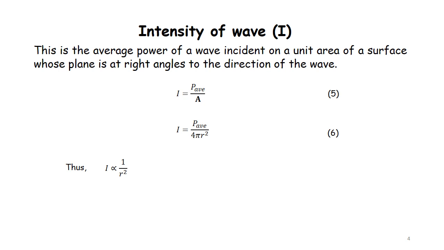Average power of a wave. A wave is propagating, is coming. The power of that wave that is incident on, let's say this surface now is a unit surface. What does that mean? That is, the surface is 1 meter by 1 meter. That's what that means.